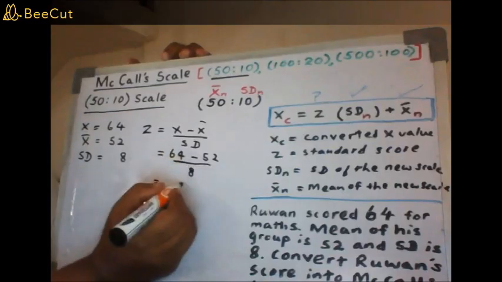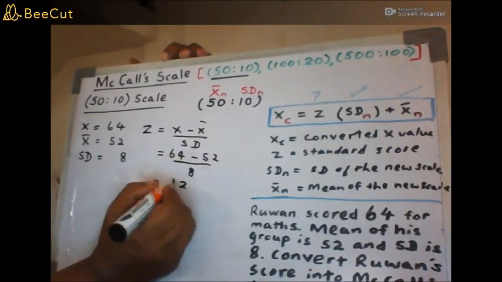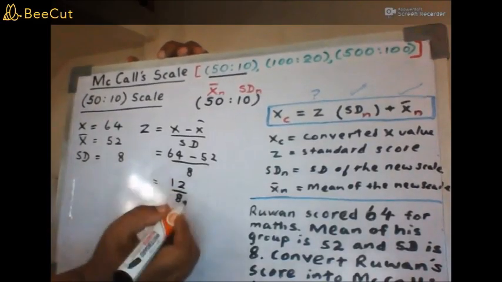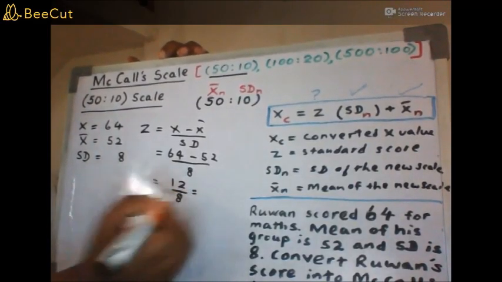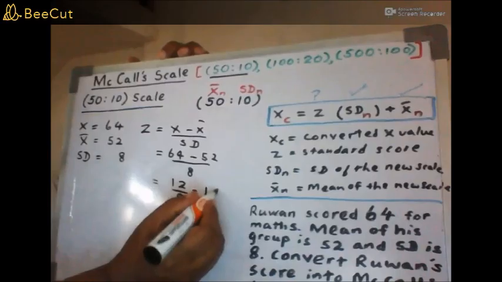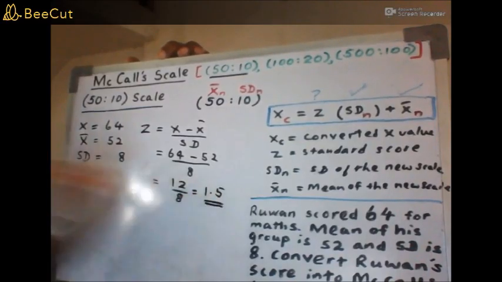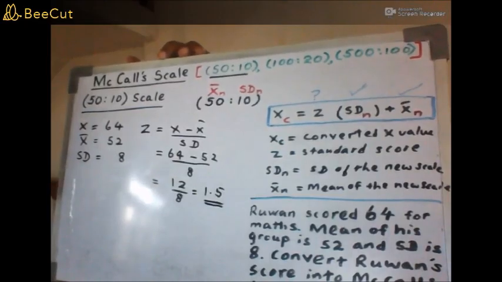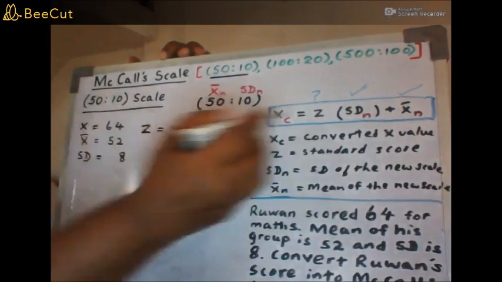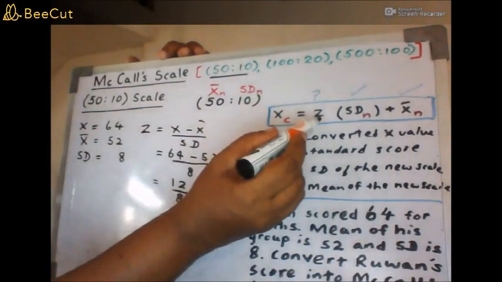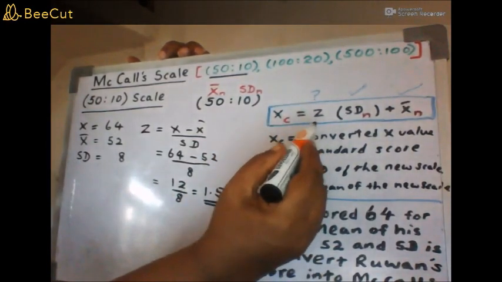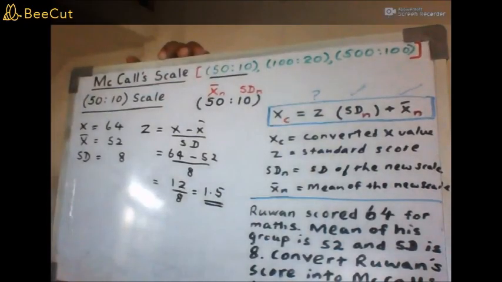So 12 divided by 8 is 1.5. That is the z value. So we can find z here. Now that's the z score.